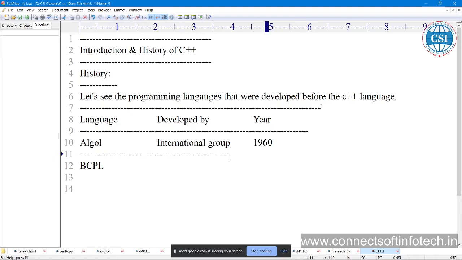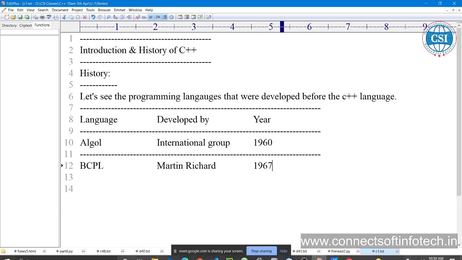B and BCPL combined, and then C was invented. We saw this in the history of C programming. BCPL, Basic Combined Programming Language, was developed by Martin Richards in 1967.